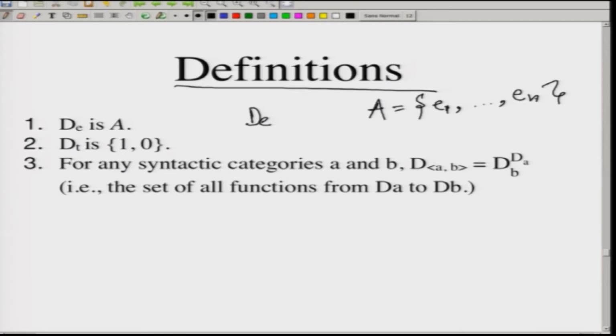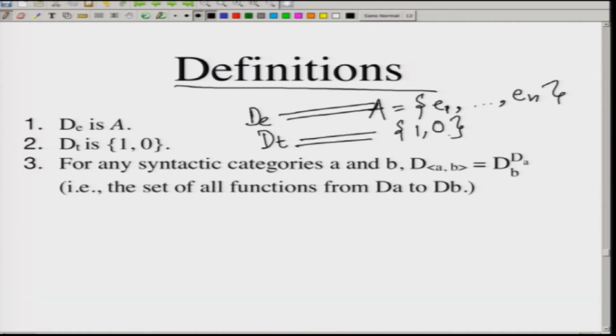From the type theoretical perspective, we call that D_e, and then D_t is another set, but not of entities, of truth values 1 and 0.